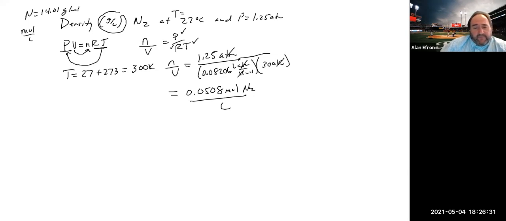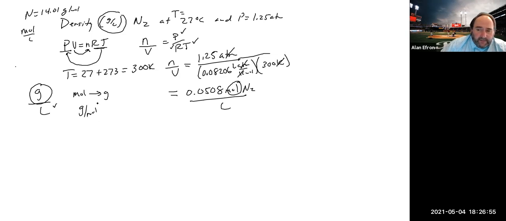Any questions so far? Now, at this point, if we think about what we're looking for, which is grams per liter, we're good to go on the bottom. On top, we just need to get the grams. What we have on top is moles. So you can think about it like a conversion. I need to go from moles to grams. That is our molar mass, right?